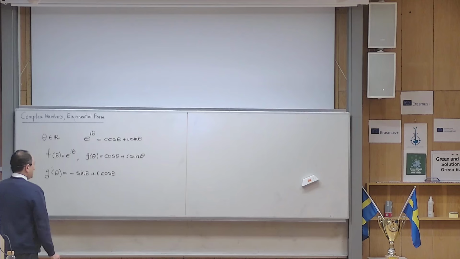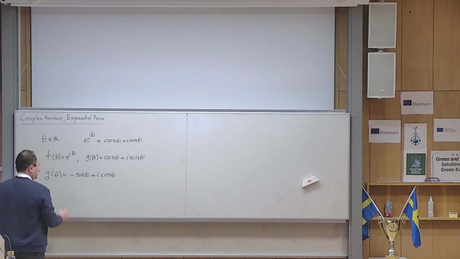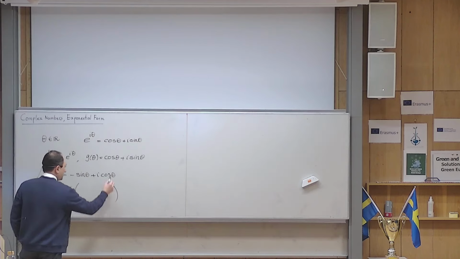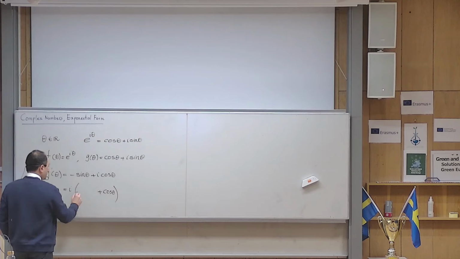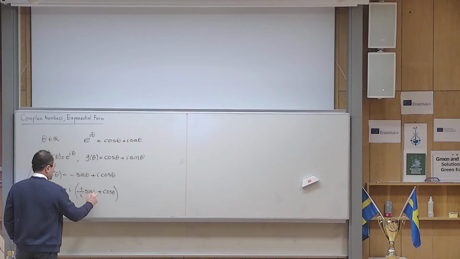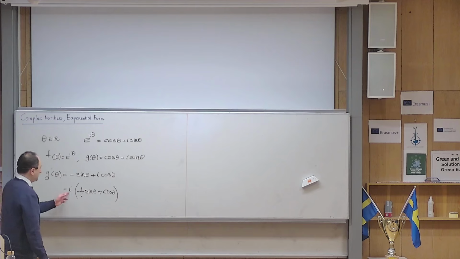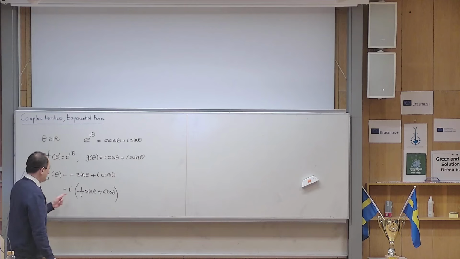And now what I do, I will take i out from here. And then what happens? This becomes just simply cosine theta, but this one becomes minus 1 over i sine theta. Yes, why is that? I multiply it back, i and i are cancelled, so it is minus sine theta, that's correct. I multiply i here, so that's correct.